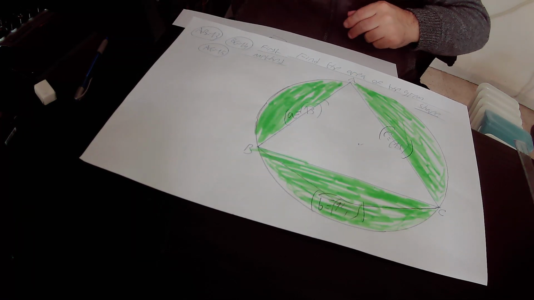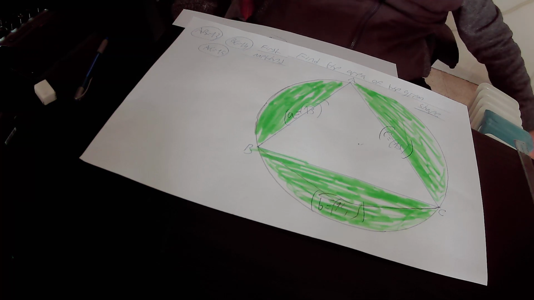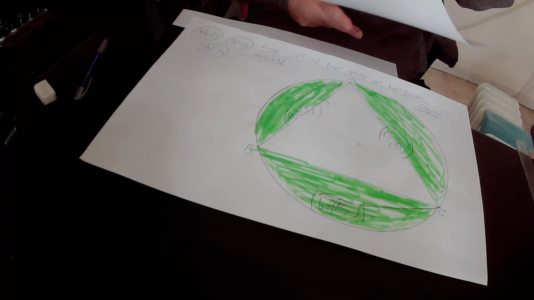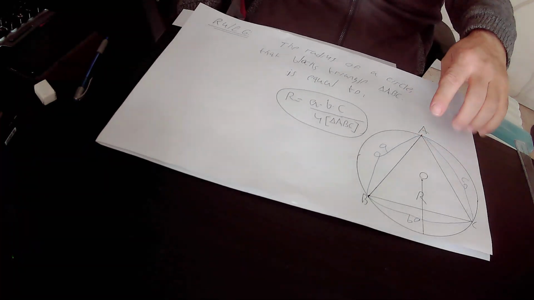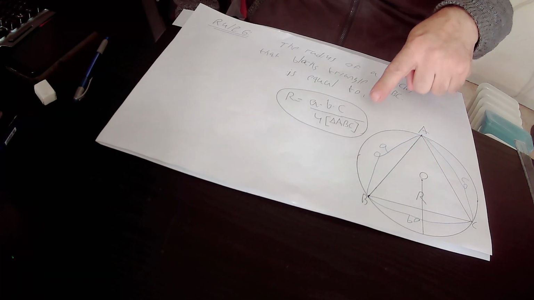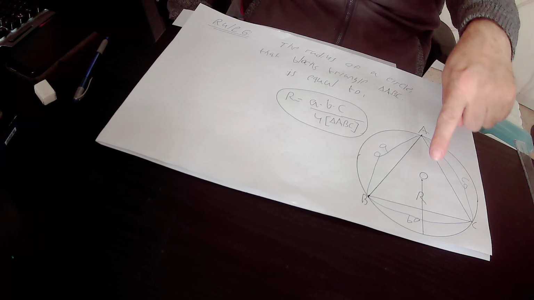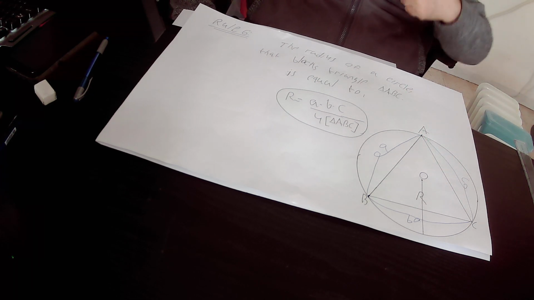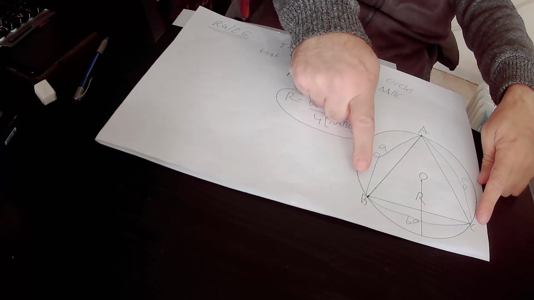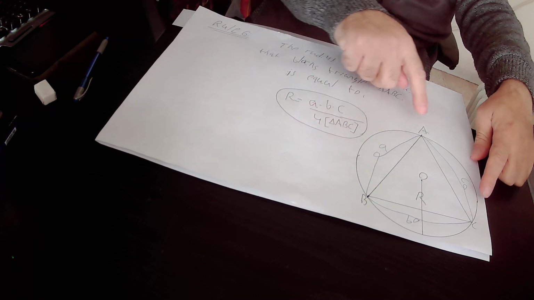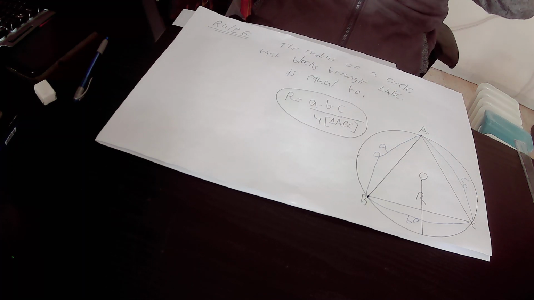Then I presented to you a new rule, and we implemented the new rule in our drawing. According to the new rule, here we have this triangle ABC that is blocked by this circle. The radius of this circle is capital R according to our definition. The length of side AB is A units, side BC is B units in length, and side AC is C units in length.